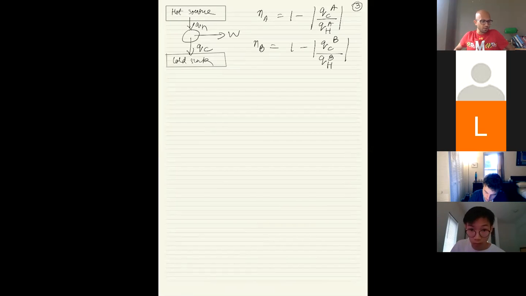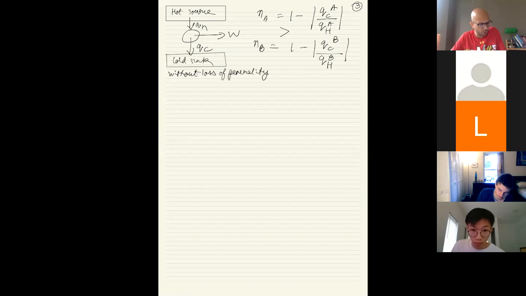And our starting point is that A is more efficient. So eta A is more than eta B. So we have the top thing is larger than the bottom thing. Without loss of generality, we make a further assumption here, which does not really affect our proof. We keep the two cold sinks at the same temperature.